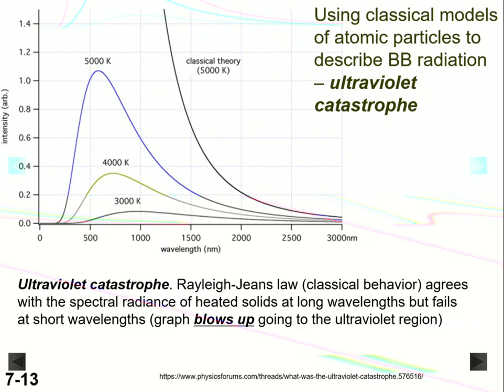The graph blows up going into the ultraviolet region. And as it says in the red, they termed this the ultraviolet catastrophe. That is, in the ultraviolet region, down below 400 nanometers, the equations blew up to infinity. So they were just crazy. So the classical models of atoms in structures used to describe black body radiation failed terribly.